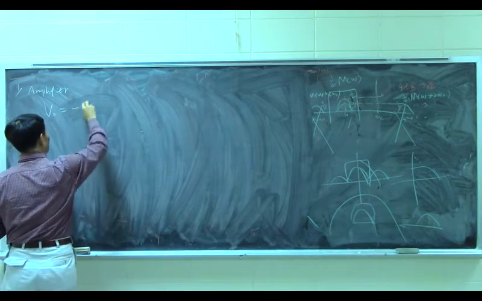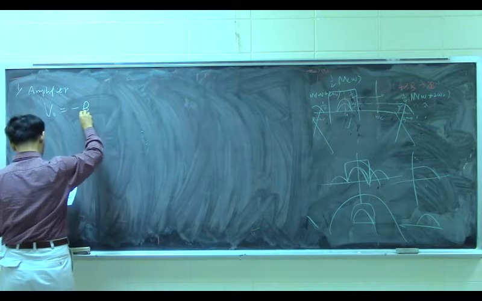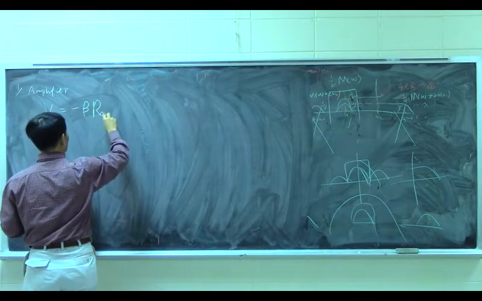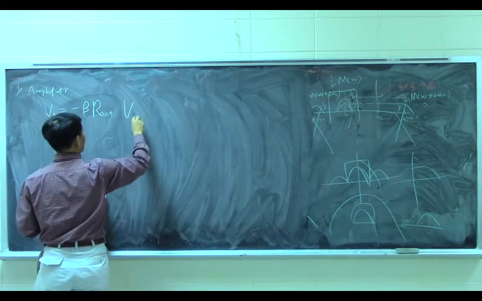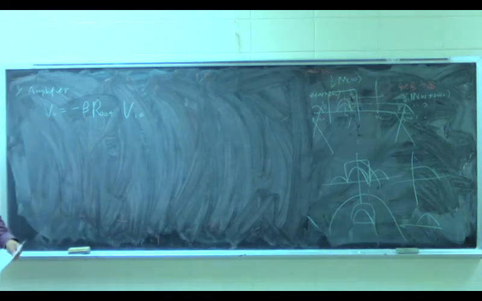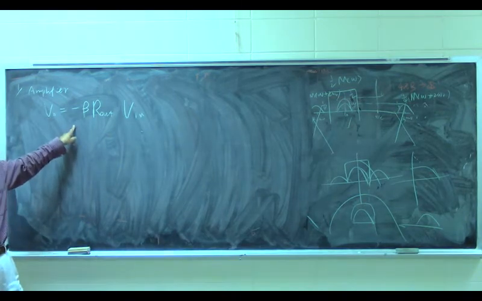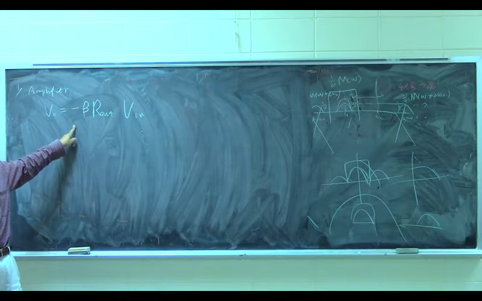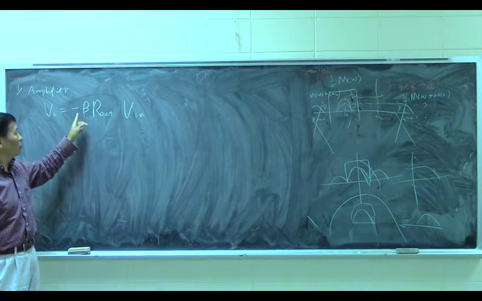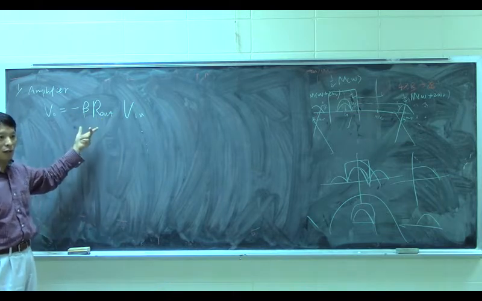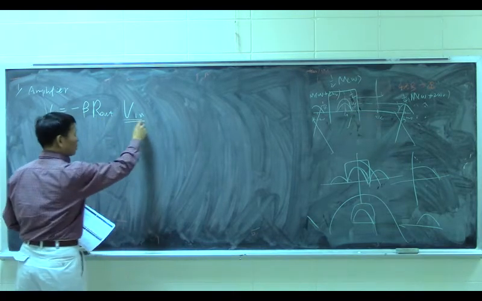This gain will equal negative beta times the output resistance, then times the input signal. Are you familiar with this formulation? That is in a linear amplifier. If you take 311 or something, you should know this. So that is the gain. This is one signal, this is the input.